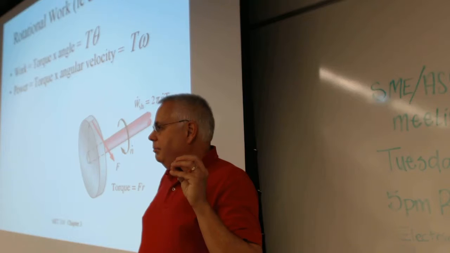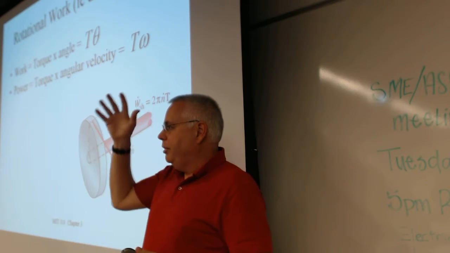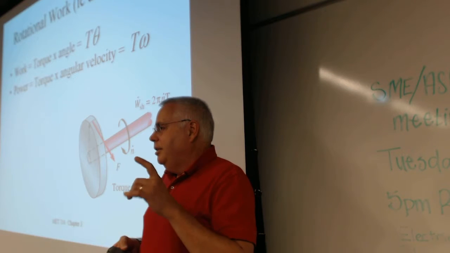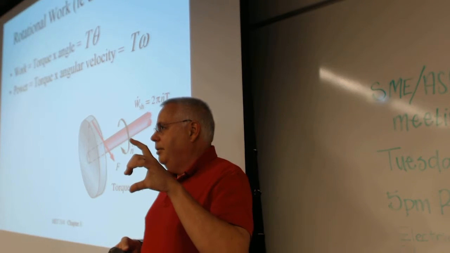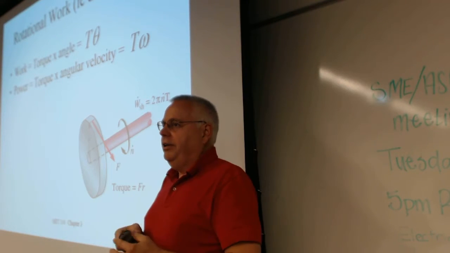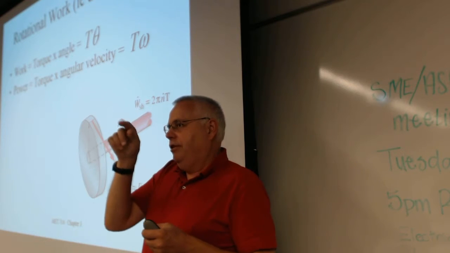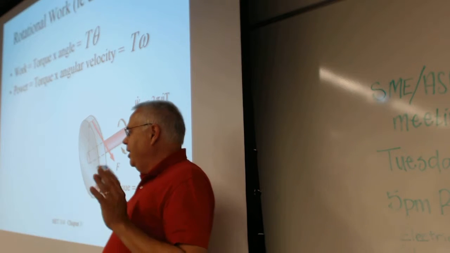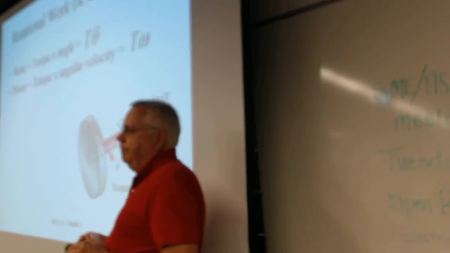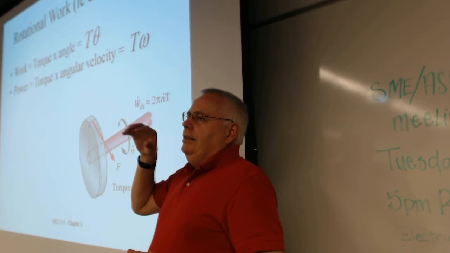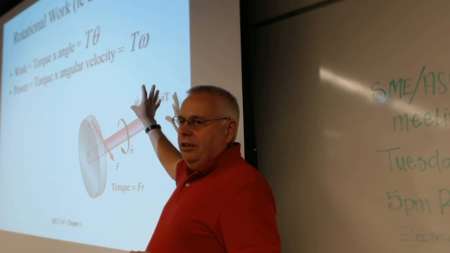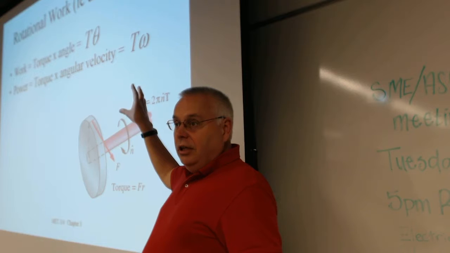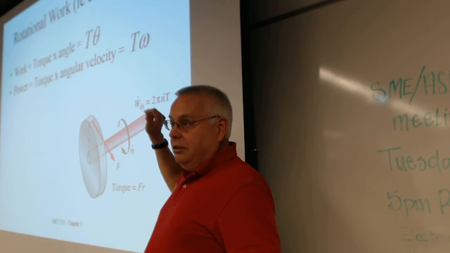Revolutions has a meaning, and you basically have to turn it into radians, and then it disappears. And really, it doesn't totally disappear because a radian is a radius, and so if you have a foot-pound, it's really foot per radian, or somewhere in there. It's not worth trying to follow that. So just assume if you get things into radians, you don't have to worry about canceling out the radian unit. If you have revolutions, you better turn it into radians.